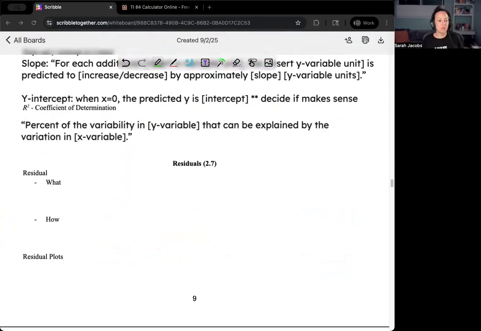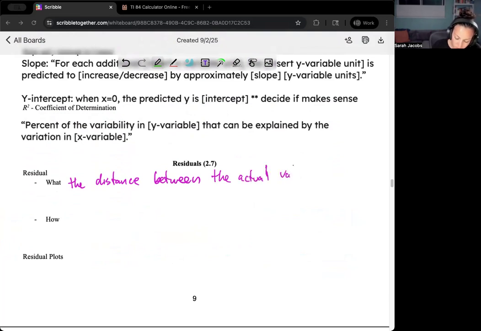All right. A residual. What a residual is, is the distance between the actual value and the predicted value. How you calculate that is your actual value minus your predicted value.